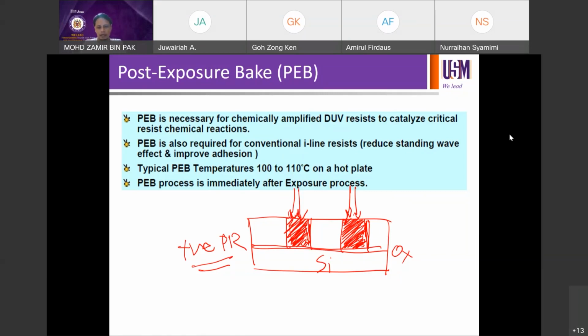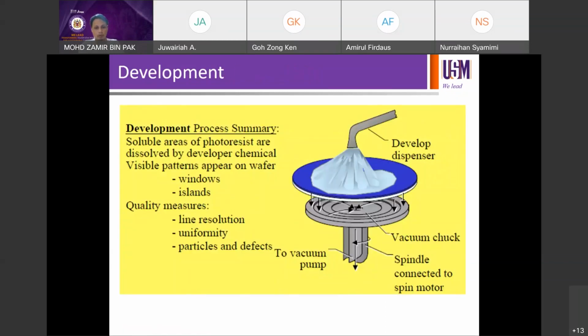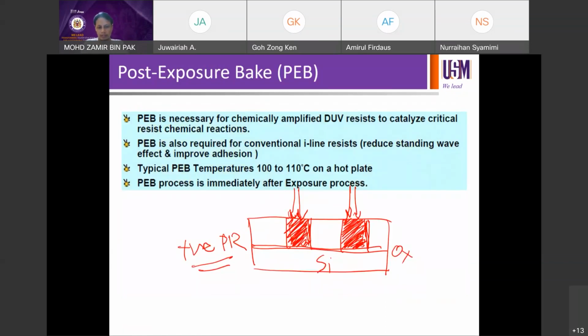Even though it's not yet removed, the regions are already having a reaction. Reaction means upon exposure, we have induced a reaction between the light and the resist. Once it goes through the development stage, these shaded regions will be removed.